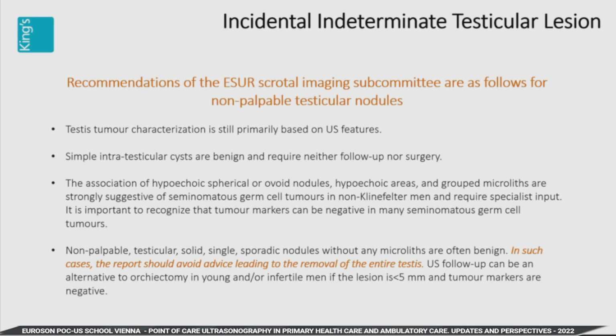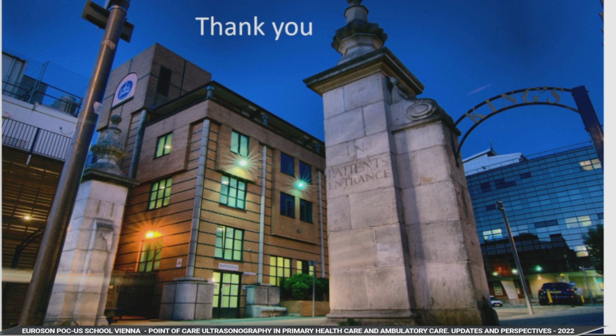And the pivotal issue here is that all of this is done by the imaging person, not the operative person. And you hand this onwards to the operative when you've made as much of a diagnosis as you can. Thank you.